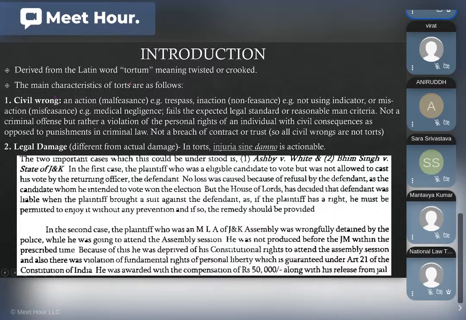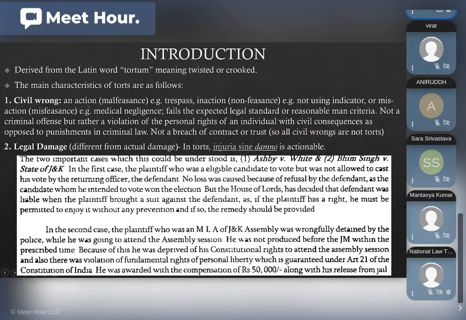So we've already said that a civil wrong can be an action, an inaction, or perhaps a misaction, that fails the expected legal standard or reasonable man criteria. So this is not a criminal offense, but is rather a violation of the personal rights of an individual, which has civil consequences as opposed to punishments in criminal law.